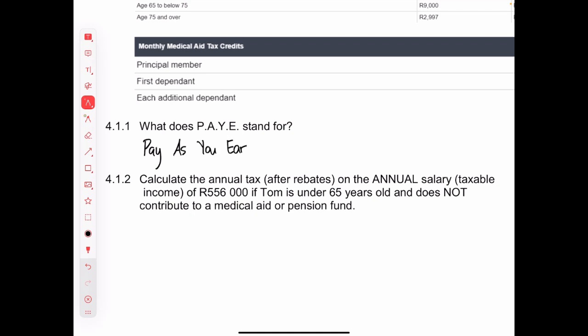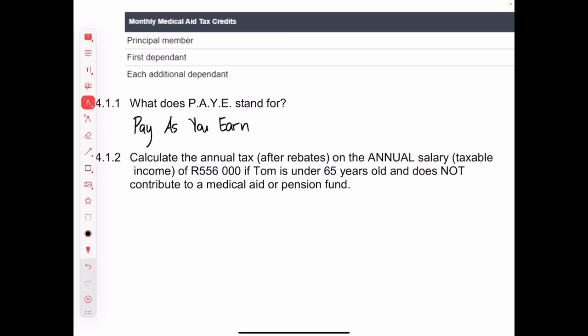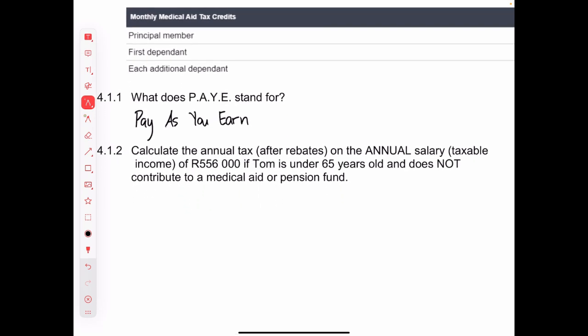Okay. And then the next question is, calculate the annual tax after rebates on the annual salary taxable income of $556,000 if Tom is under 65 years old and does not contribute to a medical aid or pension fund. So in this case, we're going to be leaving out the medical aid part as well as the pension fund.